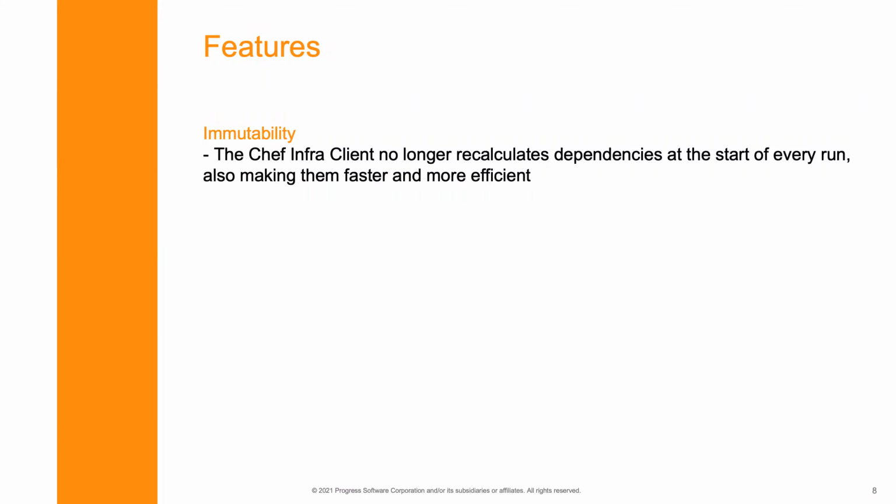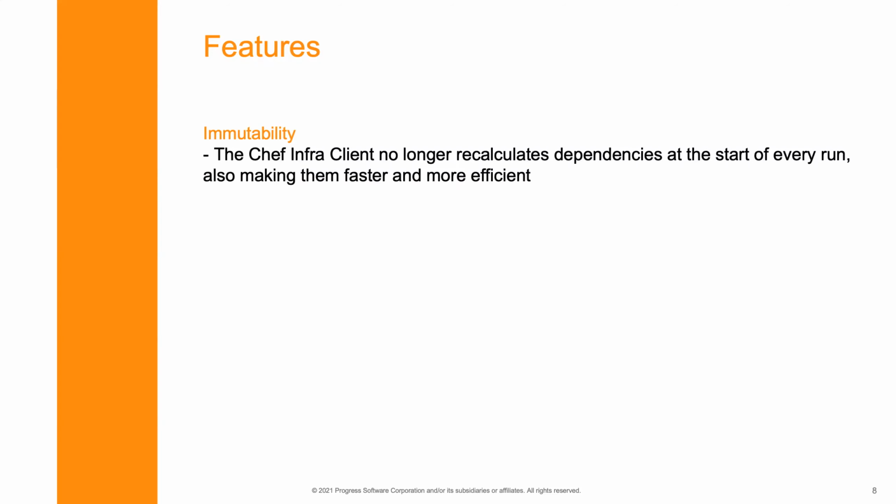Now let's talk a little about the features of policy files and how it really outshines, or why you should really be considering it. So right off the bat, if I'm talking about a single source of truth, that single source of truth has to remain immutable. And that's exactly what policy files do.